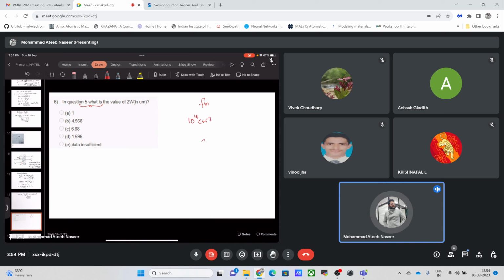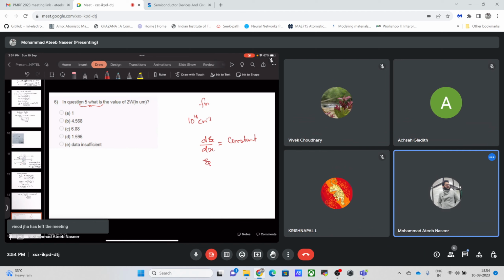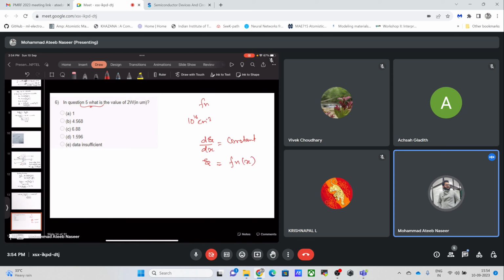So whenever I integrate this constant value with respect to the electric field, it would give me the electric field to be equal to some function of x.